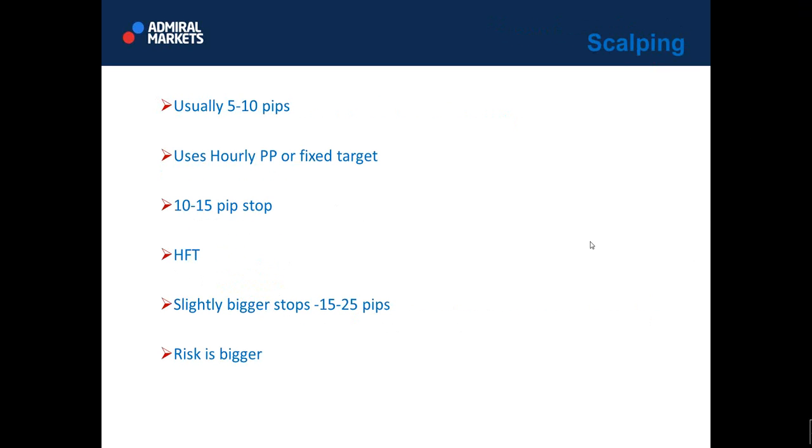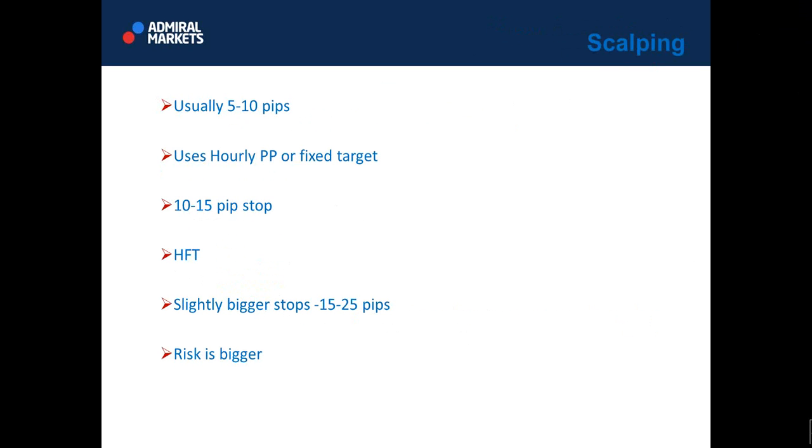Now, what scalping is, and let's talk about turning scalps into intraday positions, into scalp swings. 5 to 10 pips is usually the scalping method. My Camarilla 5 minute is based on scalping, Camarilla 1 hour is based on intraday positioning and counter trend, and 1 hour and sometimes 30 minutes is used for breakouts.